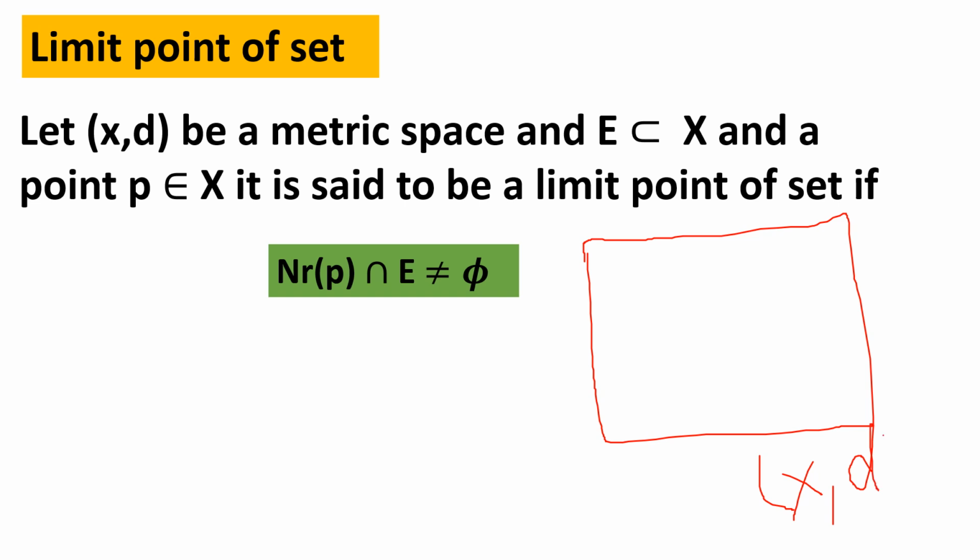So this is the metric space and E is a subset of X, which is nothing but inside X there is an E. And there exists a point P belongs to X. This point P is a neighborhood point, which is N_r(P), and I am considering this P here.